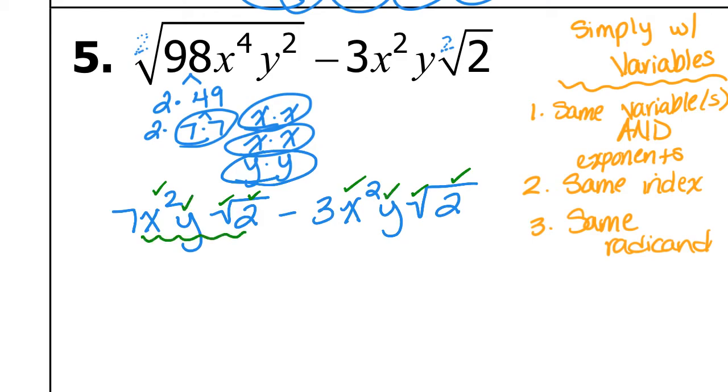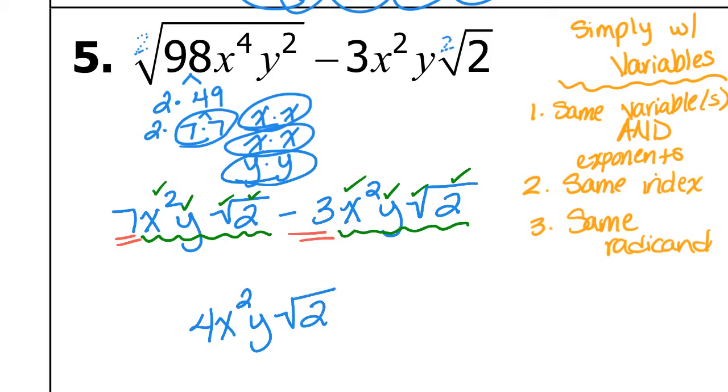So x squared y square root of 2 occurs in both terms. Therefore, I can treat 7 and negative 3 as a coefficient. So 7 minus 3 gives me 4x squared y square root of 2.